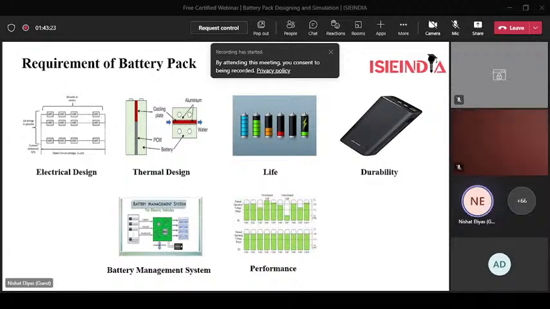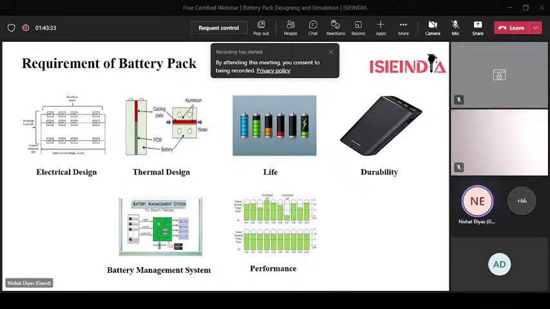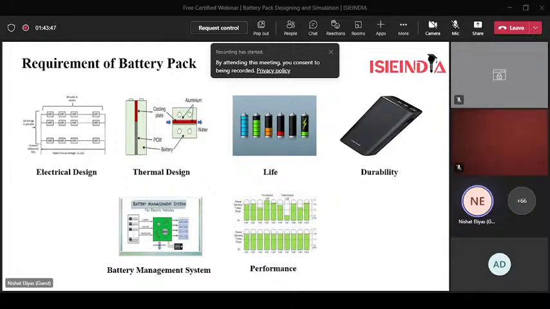Next is the performance. The battery pack should be designed so that it can perform with its maximum efficiency. If you are charging, it gets charged in a shorter time. But when you put load on the cell or on the battery pack, it runs for a longer duration without any heating, fluctuations or interruption.